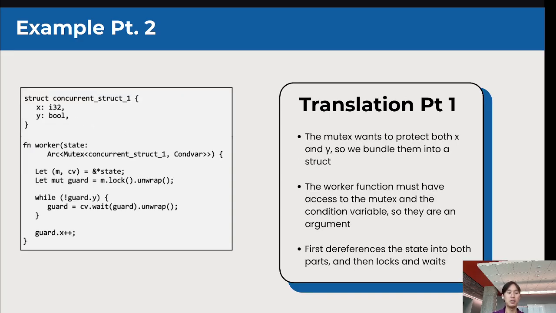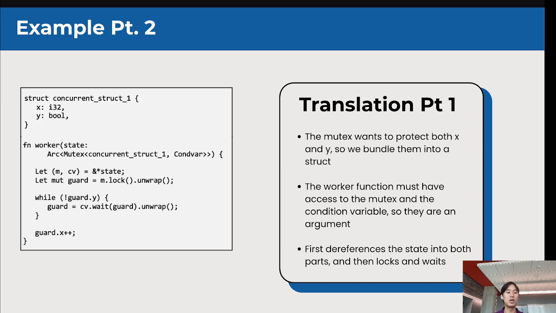Okay, so how do we translate the worker function? So first, before all of that, actually, we have to emit a struct. We need to bundle X and Y together because mutex protects both of them. And we bundle them together by making it a struct.